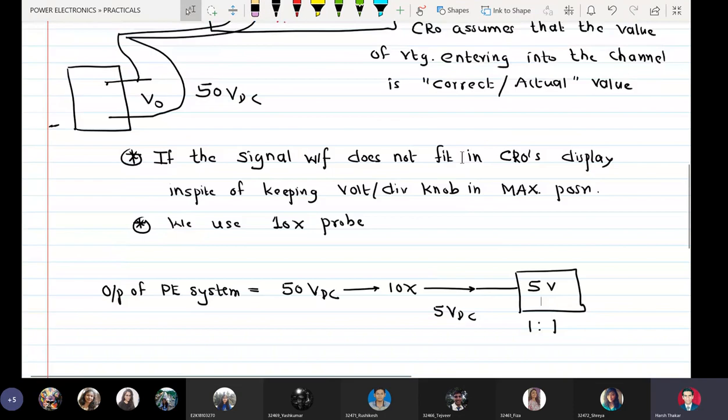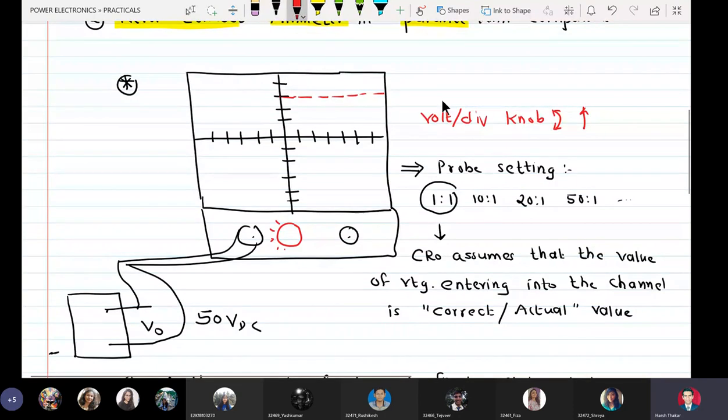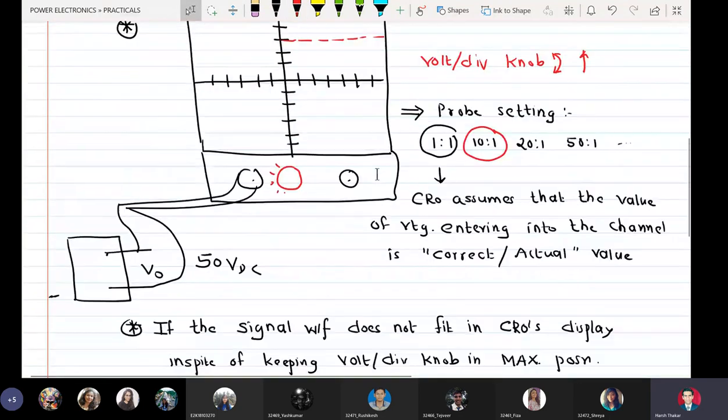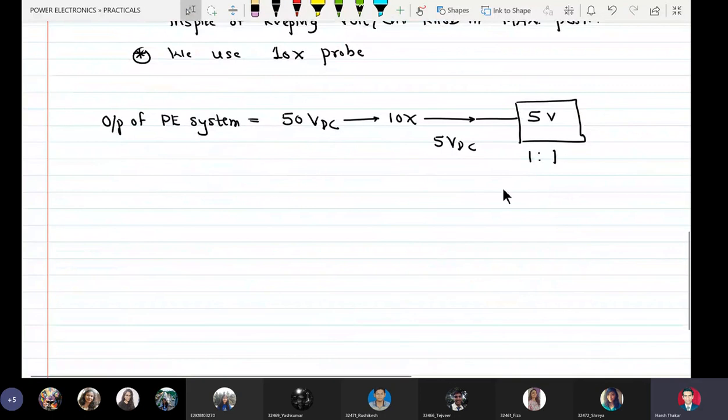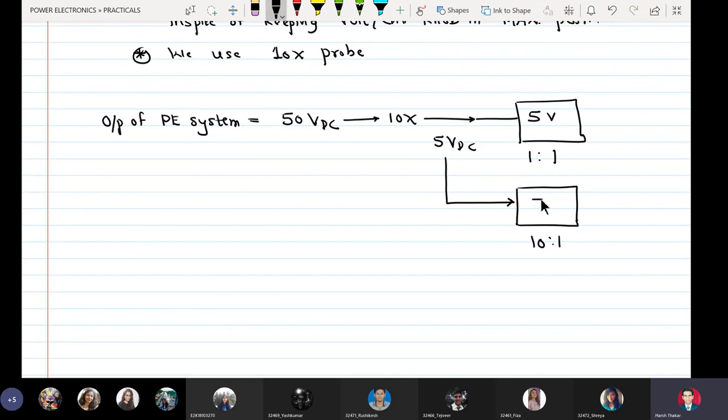So what is to be done is that I am supposed to tell the CRO that I am attenuating the signal and applying it, by making the probe setting 10:1. When you do this, it understands that the value of voltage entering into the channel is not correct, but it has been attenuated by 10. So with a probe setting of 10:1, if this voltage enters into the CRO now, it will display 50 volts.